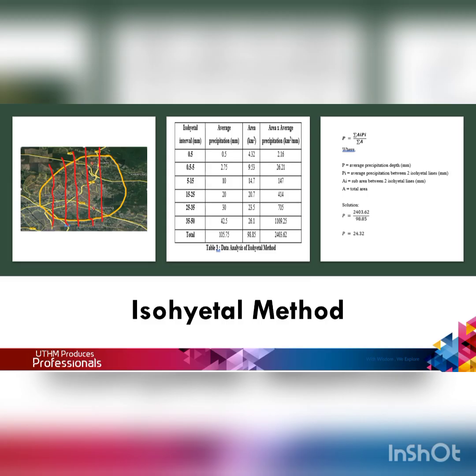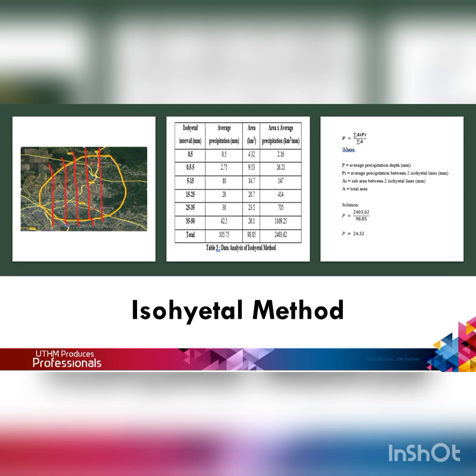Isohyetal method. For the isohyetal method, based on the stations we choose, we will divide them into small parts like the picture shown, and then we will find the area for each part.